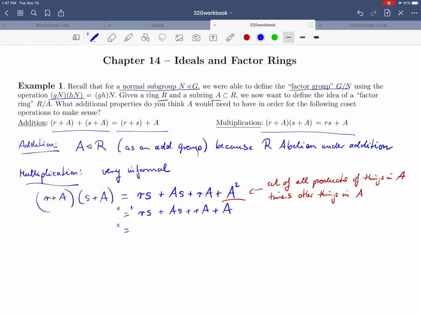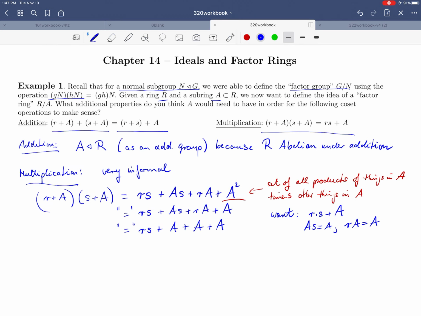Now, what do we want? What we want is for this multiplication to result in rs + A. And so really what we want is that As is equal to A and rA is also equal to A. Because if that's the case, then we get our rs, and then As is just A and rA is just A, and then we have our A again.